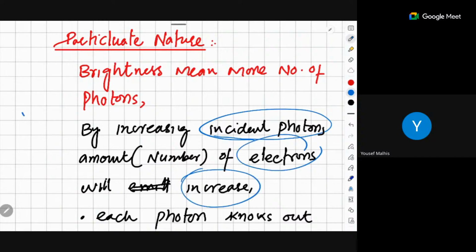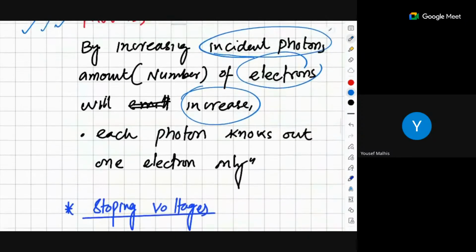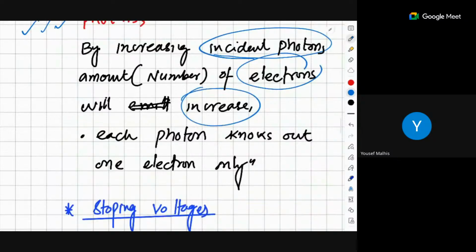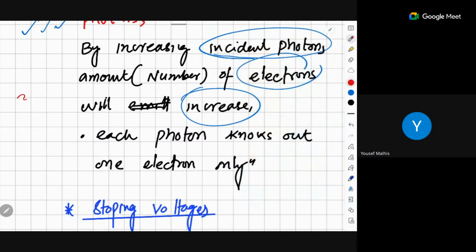Every photon will release one electron, right? A single electron. So for one electron emission, one photon is required. That is the evidence that yes, in quantum mechanics, we consider a single photon for a single electron, right?